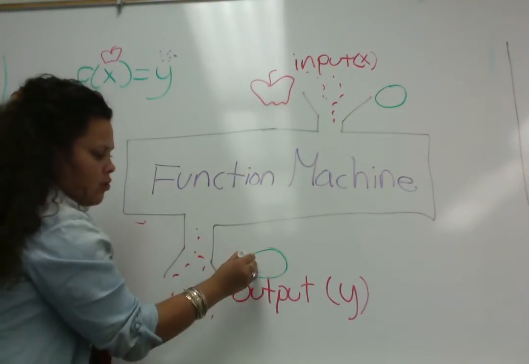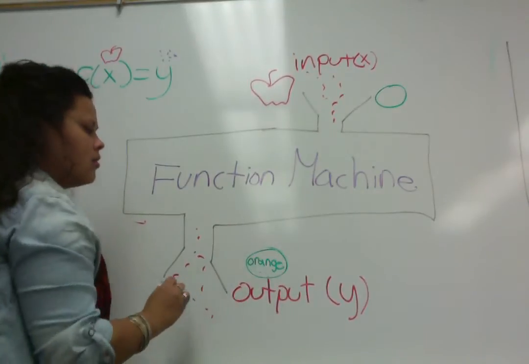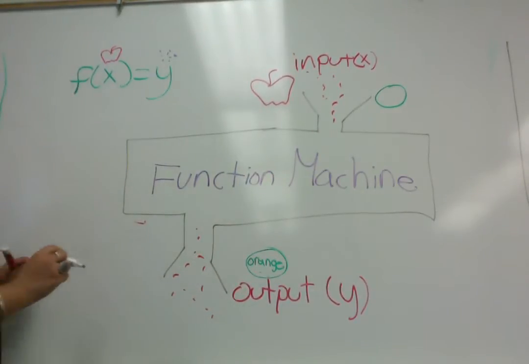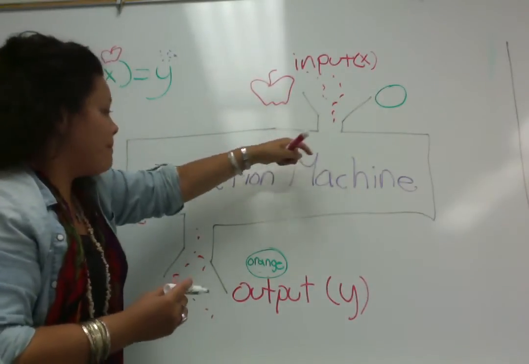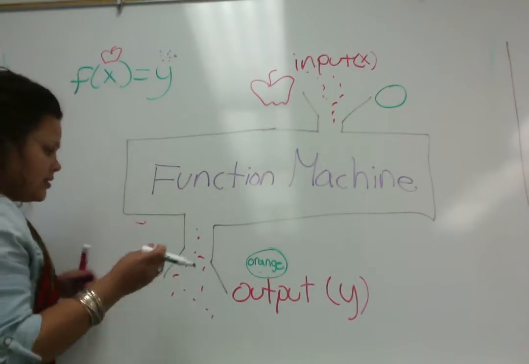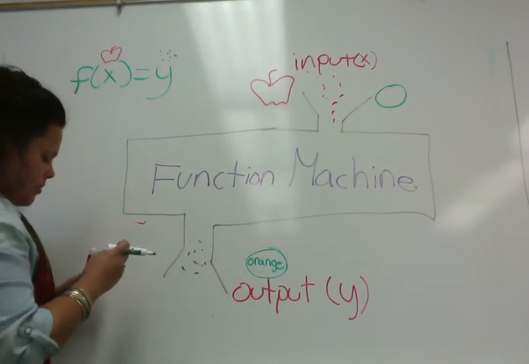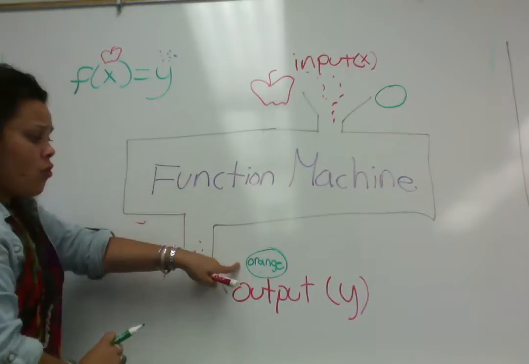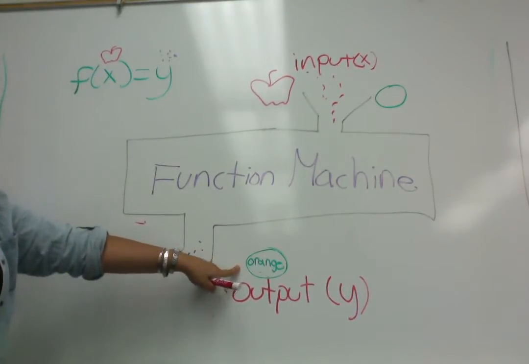I cannot get an orange here. Okay? So if I put an apple into the machine, I must get out seeds. But if I get out an orange instead of seeds, that means that's not a function.